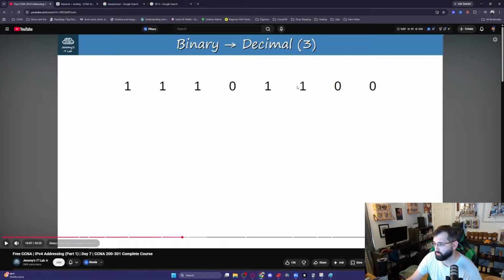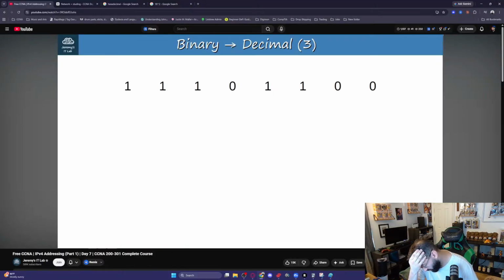So 1, 2, 4, 8. 4 and 8 is 12. 12 plus 16 is 28. 28 plus 64 is 92. Plus 256.